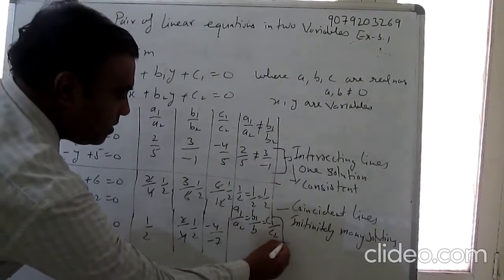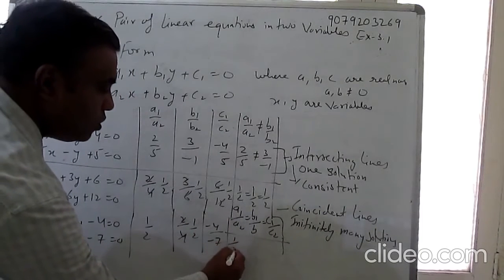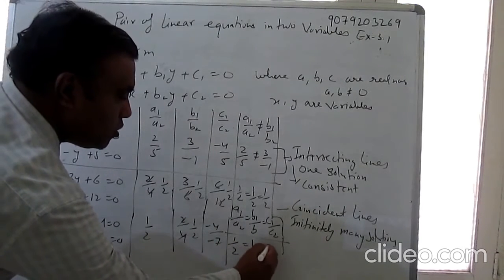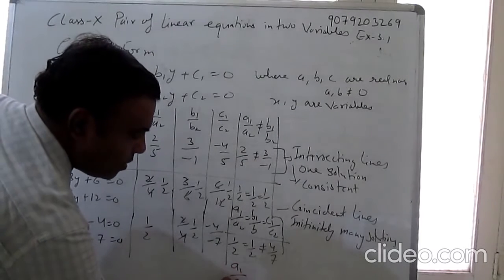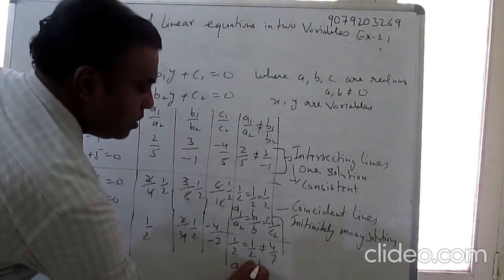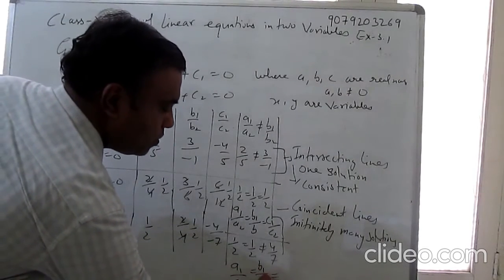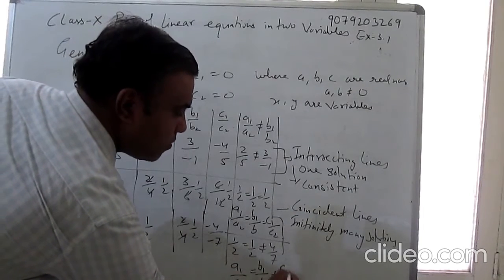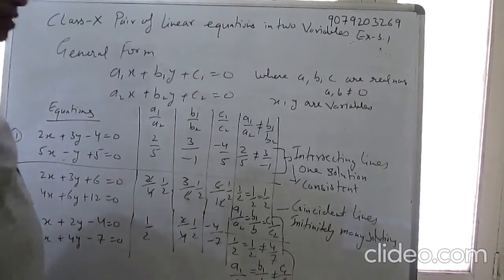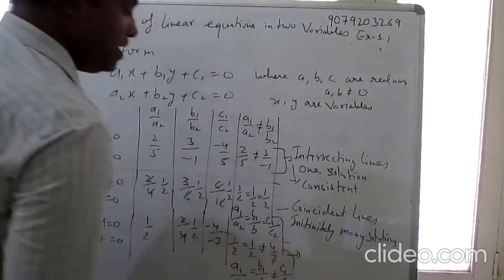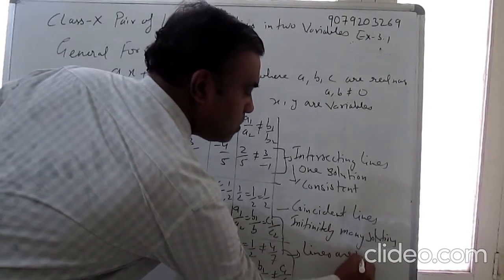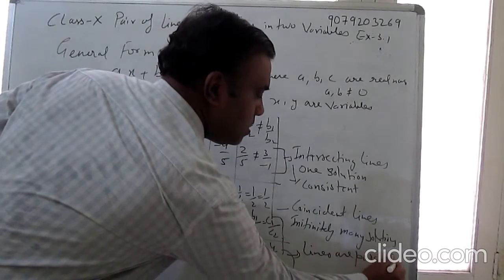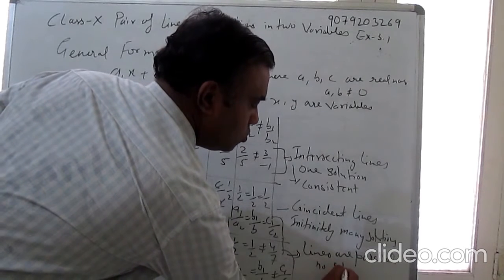Here you see that 1 by 2 equals 1 by 2 not equal to 4 upon 7. So here the condition comes a1 upon a2 equals b1 upon b2 not equal to c1 upon c2. This type of situation arises, it means lines are parallel, no solutions.